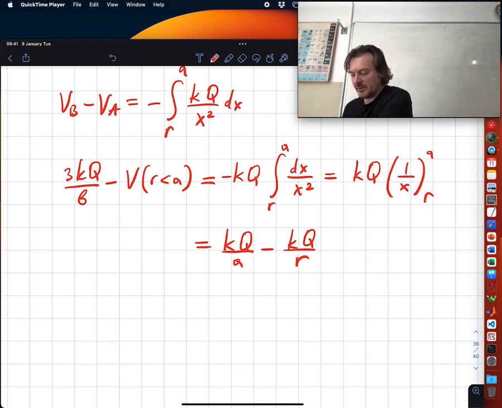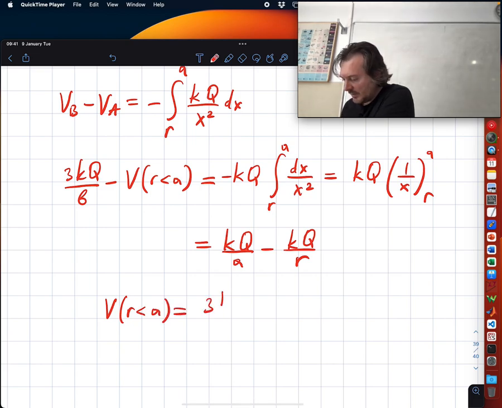So let's put everything together. V for r less than A is 3kq over B minus kq over A plus kq over r.